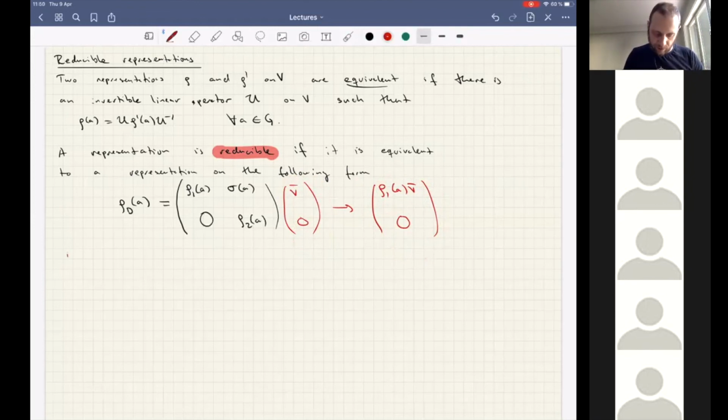In other words, there is an invariant subspace of V under the action of rho.